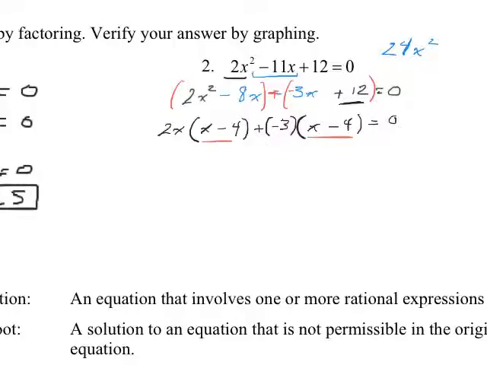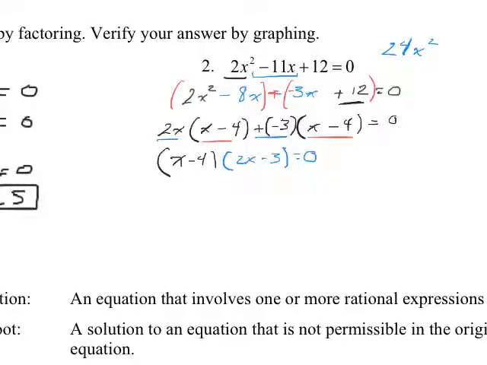And that common factor I want to factor out at this time. So I'll have an x minus 4 that I factor out. Once that's factored, I'm left with a 2x plus a negative 3, or a 2x minus 3. And that gives me my second factor.